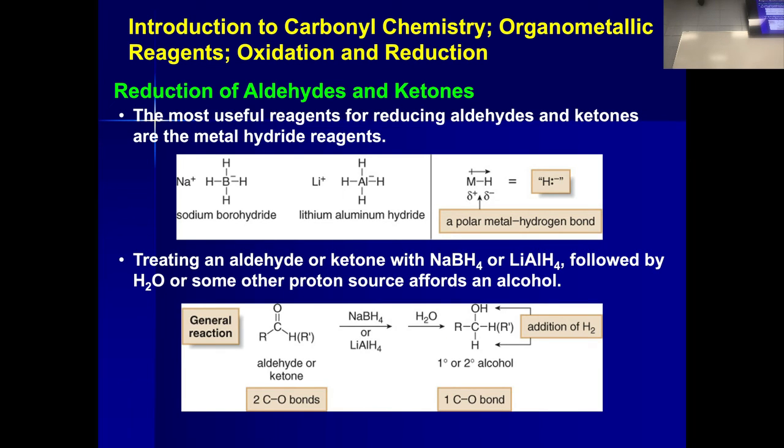All right. The other thing that aldehydes and ketones like to do is they like to be reduced. Okay? One of the ways in which we can reduce them, you might imagine, is that we could take a ketone, for example, let's just take cyclohexanone, and we could reduce that to an alcohol.